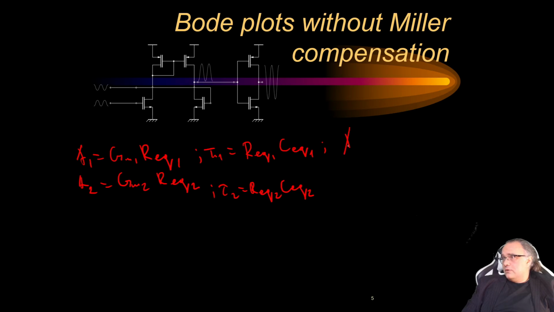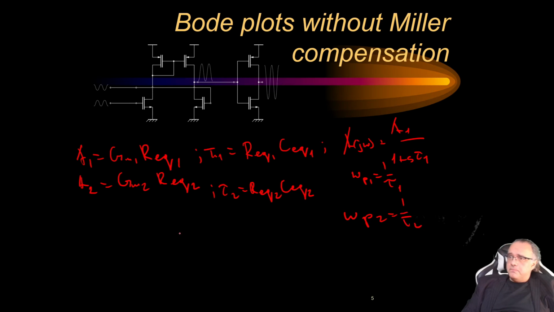So if I look at the gain at j omega, it will be of course A1 divided by 1 plus s tau 1, which means that there is a pole frequency that is related to the time constant. The same holds for the second stage.